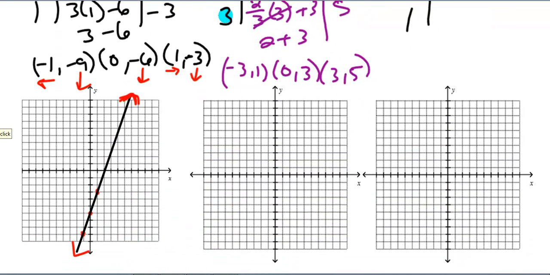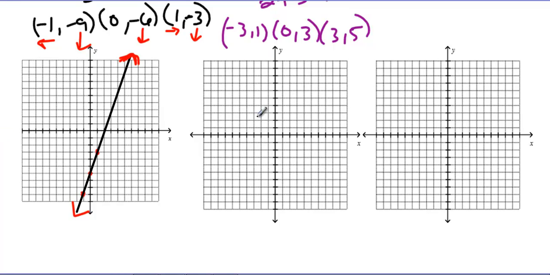So for the graphing portion, again, go one at a time. I have to go to the left 1, 2, 3, up 1. That's the point -3, 1. Then 0, 1, 2, 3. And then right 1, 2, 3, up 1, 2, 3, 4, 5. Now as you draw a line, if it happens to not exactly touch all 3 points, that's telling you something's wrong.